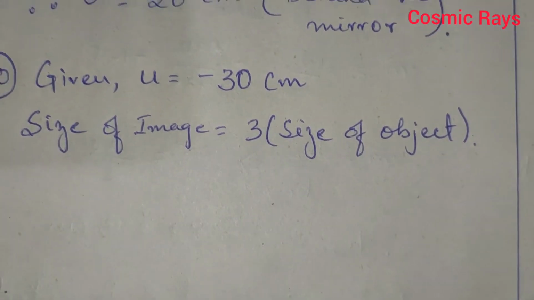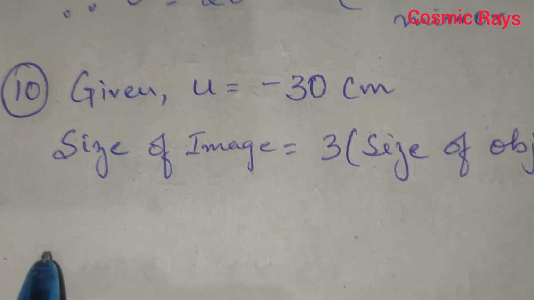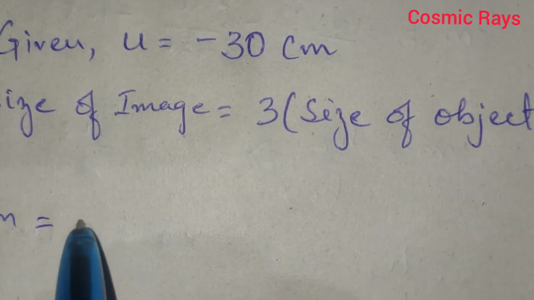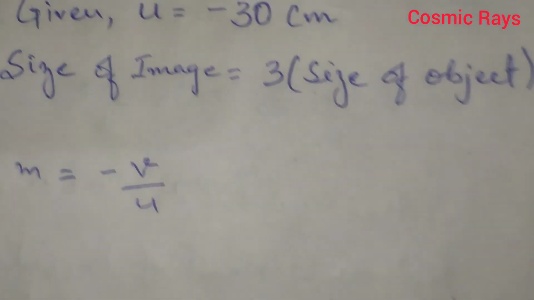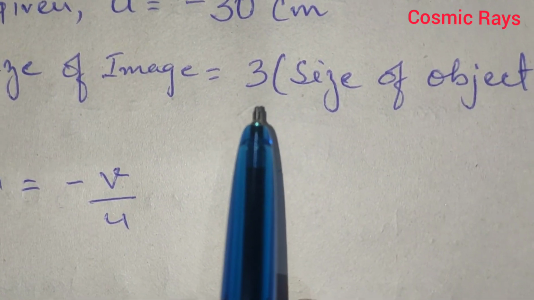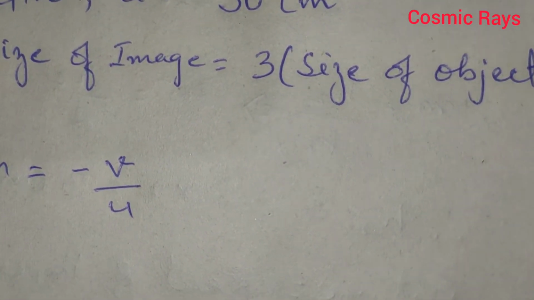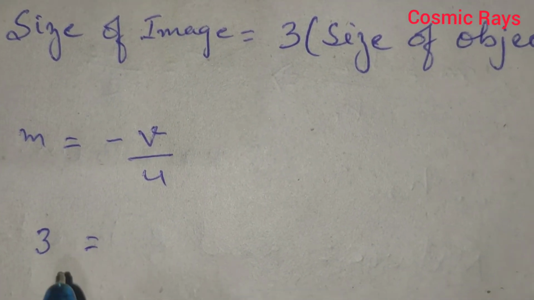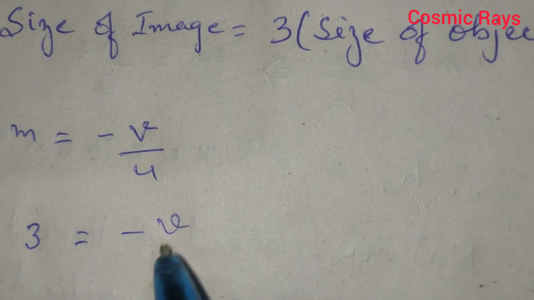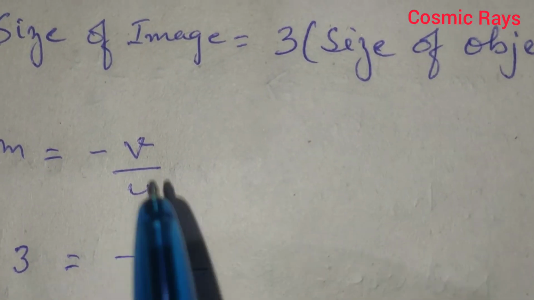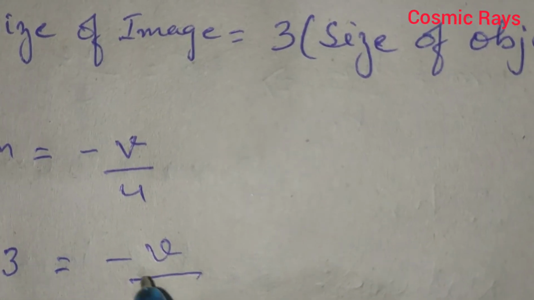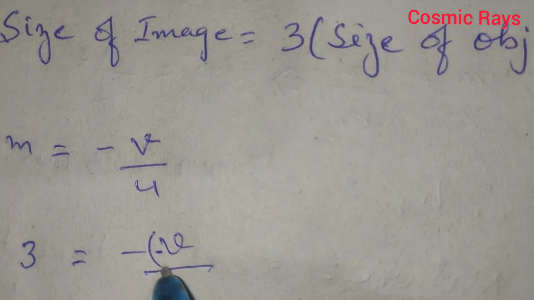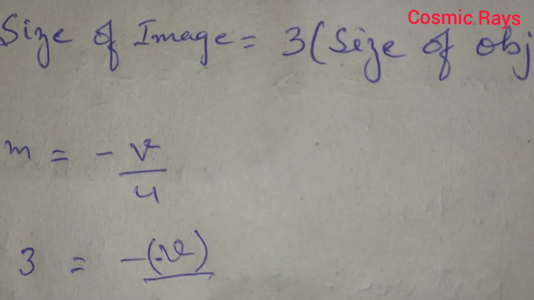So we know that the magnification is given as, magnification is equal to minus v upon u. We have the magnification, that is 3 times. So what we can write is 3 equal to minus v upon u. v will be minus and u is minus 30.